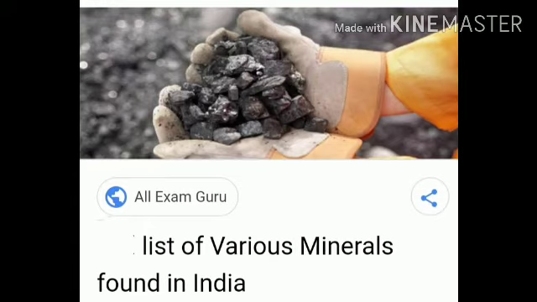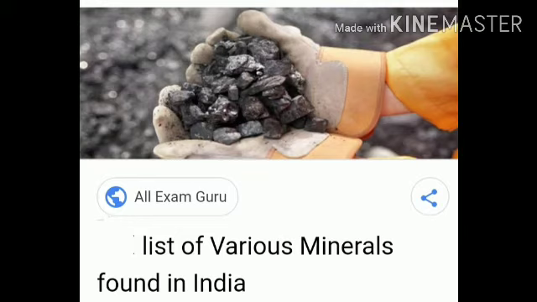Gold, silver, tin, platinum are the most important among such minerals which are found in alluvial deposits, which are called placer deposits.